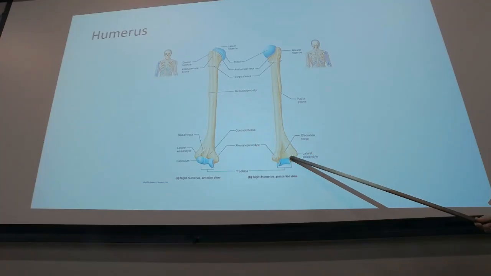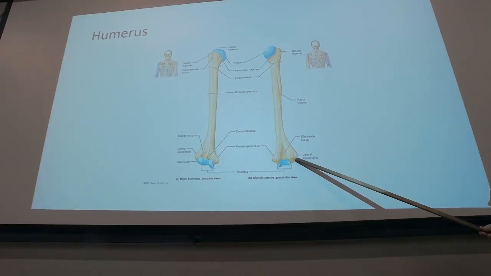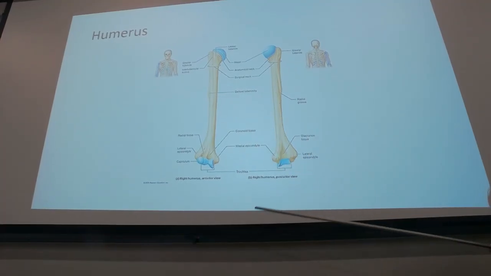And then below the olecranon fossa, in between these epicondyles, we have the trochlea. The trochlear notch of the ulna slides over this trochlea, which is like a pulley-like connection. Any questions?